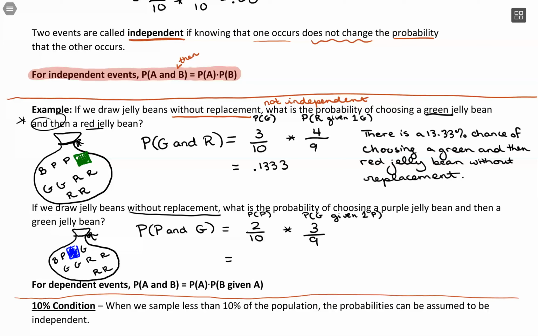So with that, this would be 0.0667. So there is a 6.67% chance of choosing a purple jelly bean and then a green jelly bean without replacement.